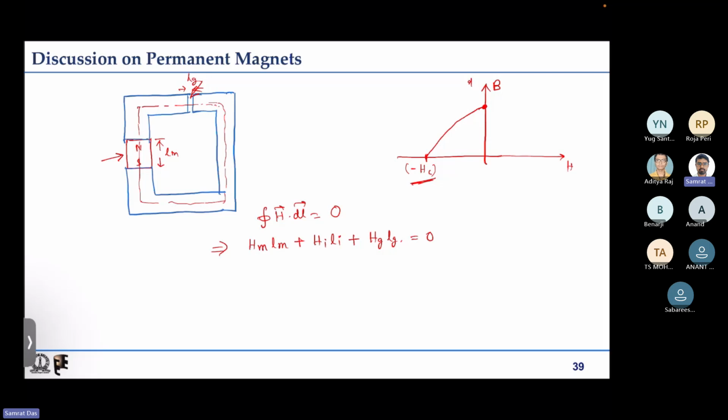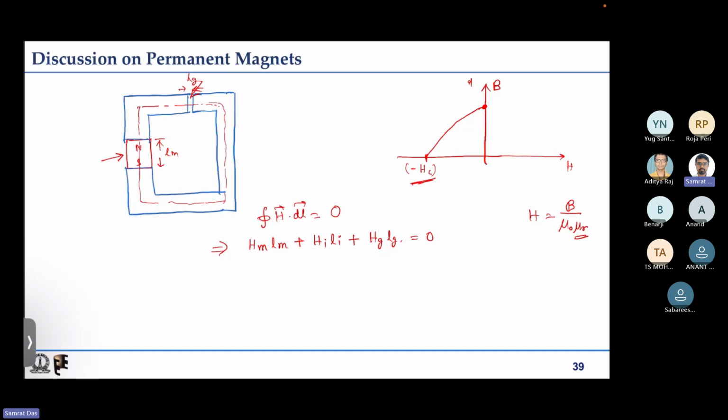Now for ferromagnetic materials, the H within the ferromagnetic material is actually quite low. Why is that quite low? Because H is nothing but B divided by mu naught mu r, and mu r in ferromagnetic material is very high, whereas for air mu r is 1, and for permanent magnets also mu r is very close to 1.